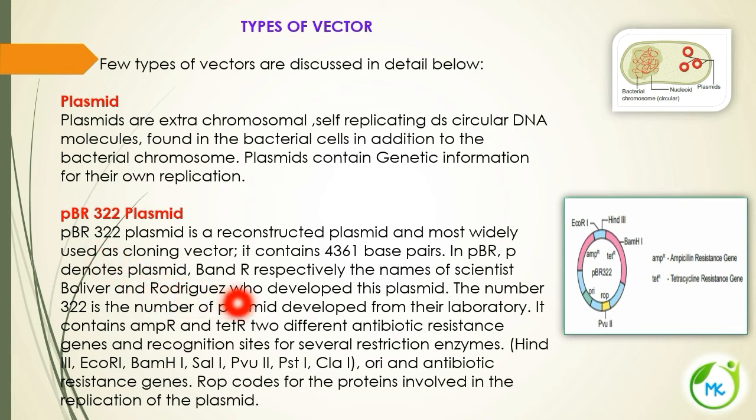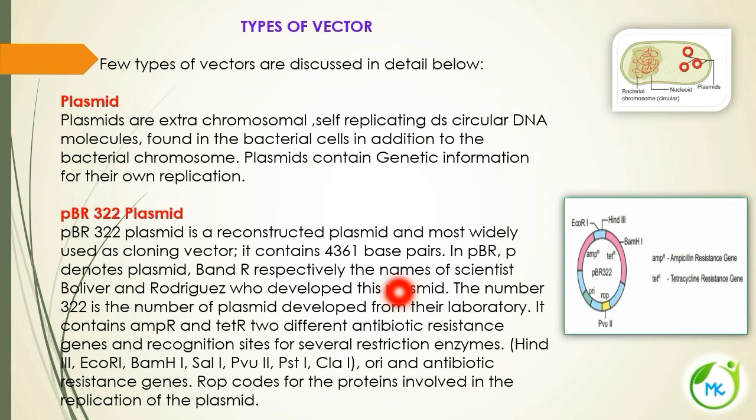These are the two scientists who have developed or constructed this plasmid. So P stands for plasmid and BR stands for the name of the scientists who developed this plasmid. Then the number 322 is the number of the plasmid developed from their laboratory. So the 322nd plasmid developed from their laboratory contains, so the plasmid should contain any selectable marker, no?